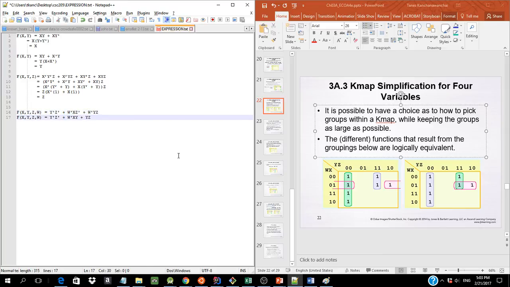All right, so that means we can simplify into either one of these.